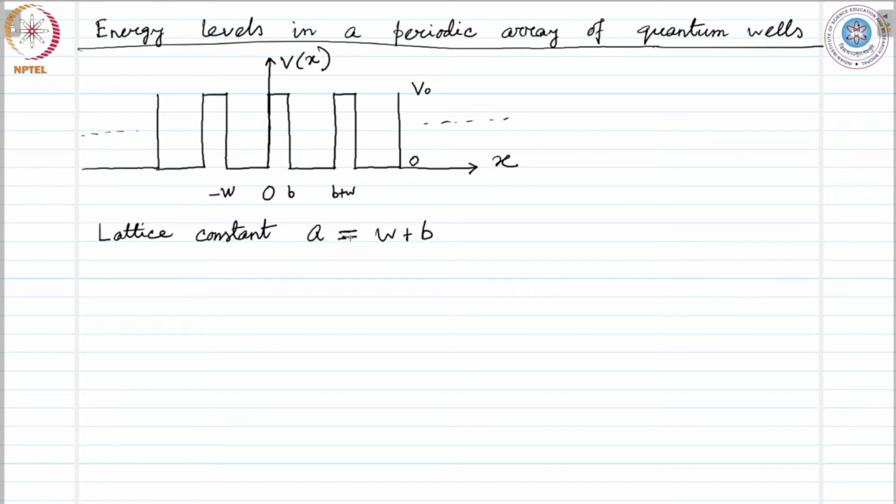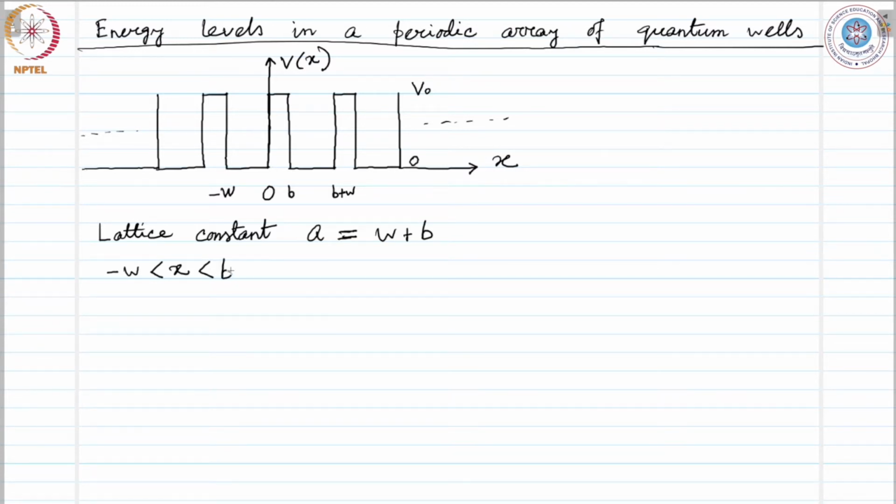Now, if we consider an electron within the unit cell, then the unit cell ranges between minus w less than x less than b.